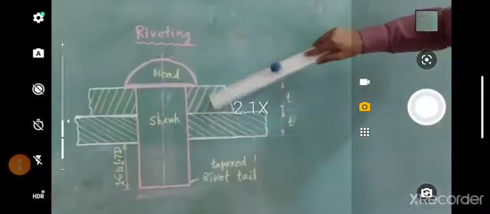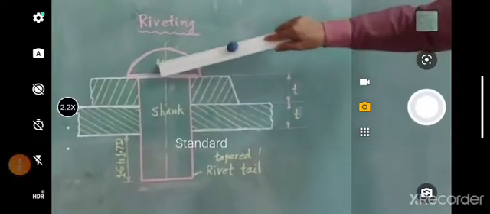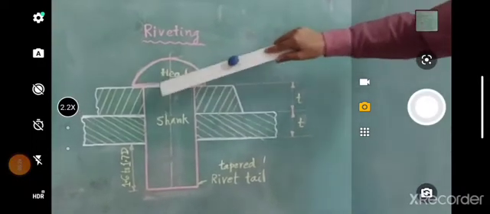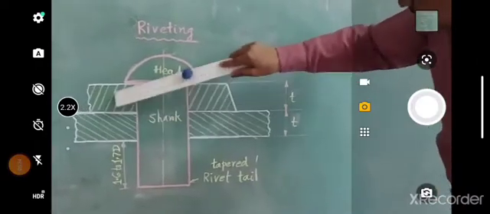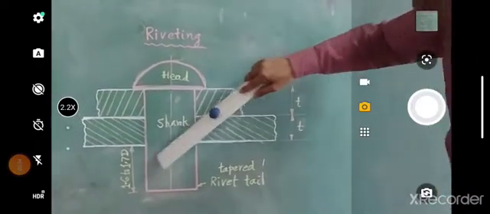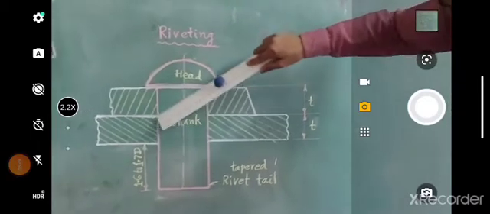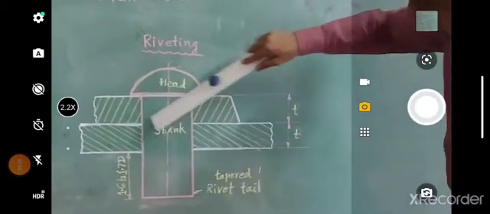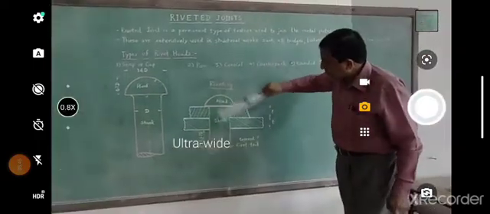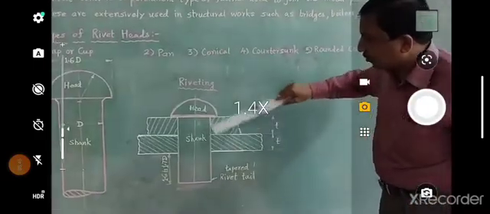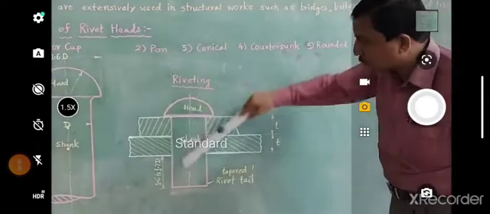Our aim is to join these two plates by using a rivet. According to the shank diameter, we have to make a hole in these two plates, a through hole.